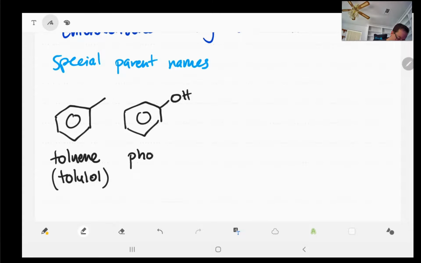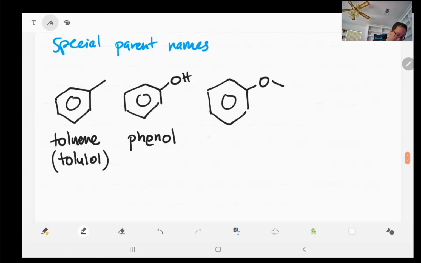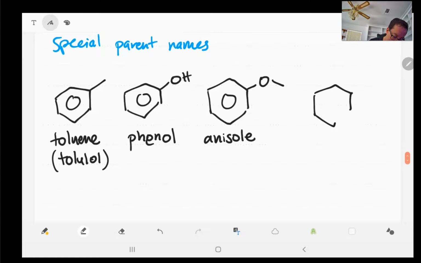You have phenol, which is your alcohol on a benzene ring. So phenyl alcohol, phenol. If you have an ether, this one is called anisole. If you have an amine, that is aniline.